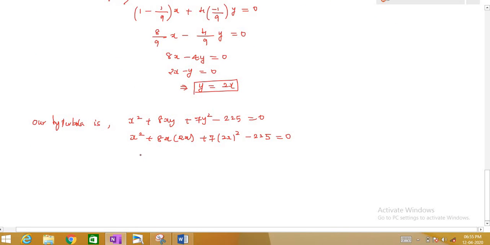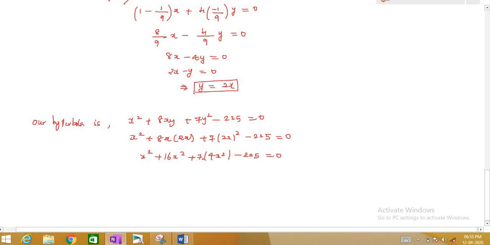So this will be x square plus 16x square plus 7 into this is 4x square minus 225 equal to 0. If I add these terms, you will have 17 plus 28, right?